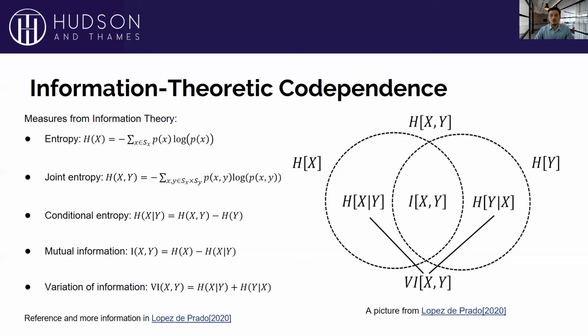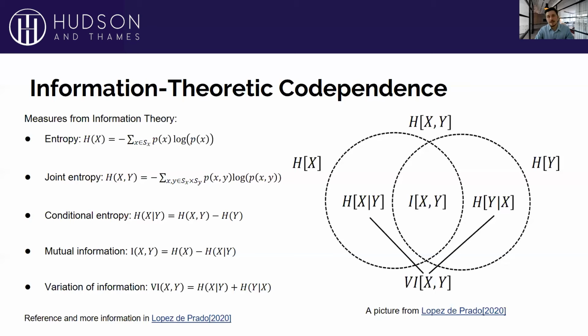The mutual information can be interpreted as a decrease in uncertainty of element X if we know the value of element Y. Here it's an intersection between the entropy of element X and element Y. It is not, however, a metric, as it doesn't comply with the subadditivity property. The variation of information can be interpreted as the uncertainty that we expect from element X if we know the value of element Y.